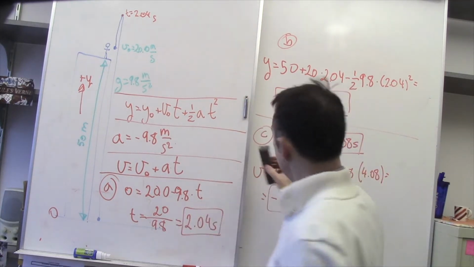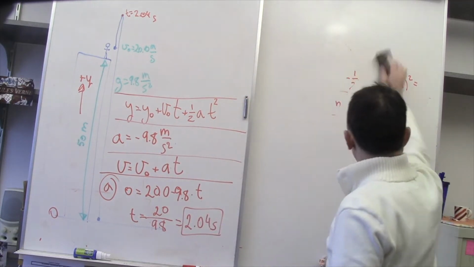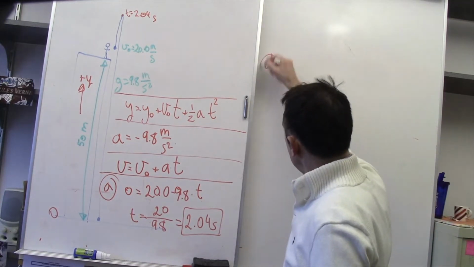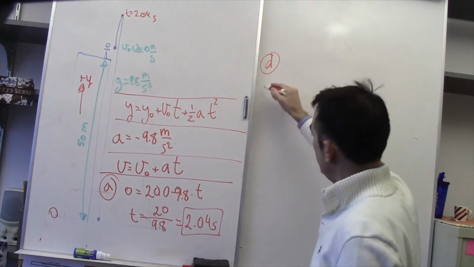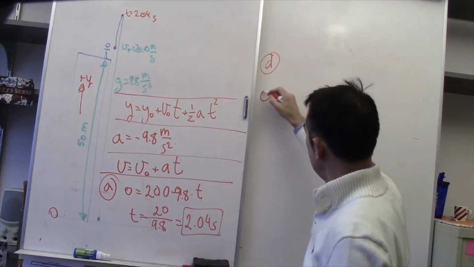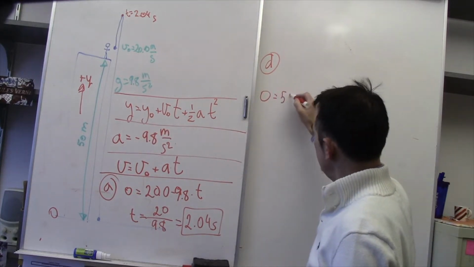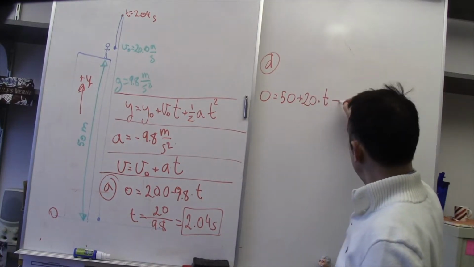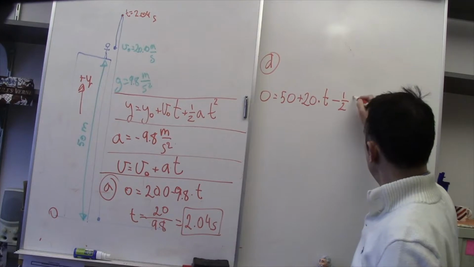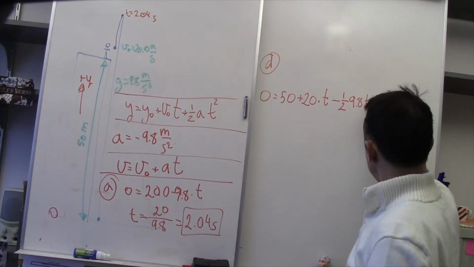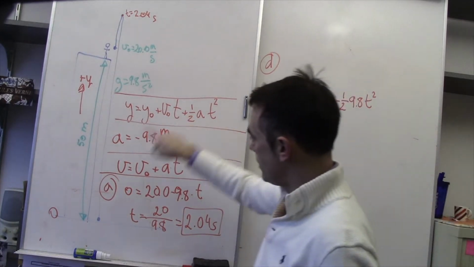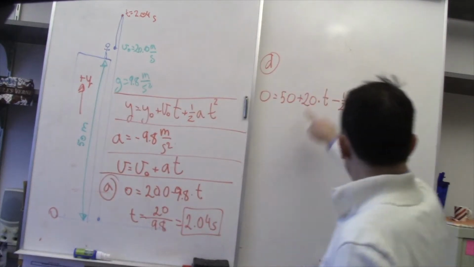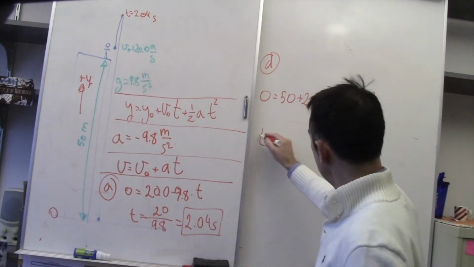So for part D, the final position is 0, equal to 50 plus 20 multiplied by the time I'm looking for, minus 1/2 of 9.8 t squared. Remember that acceleration is negative, minus 9.8. So I can solve this for t.